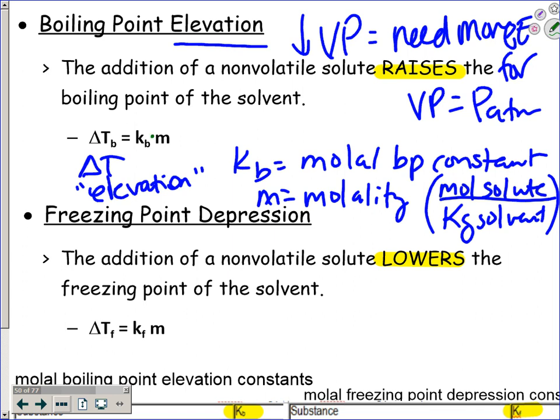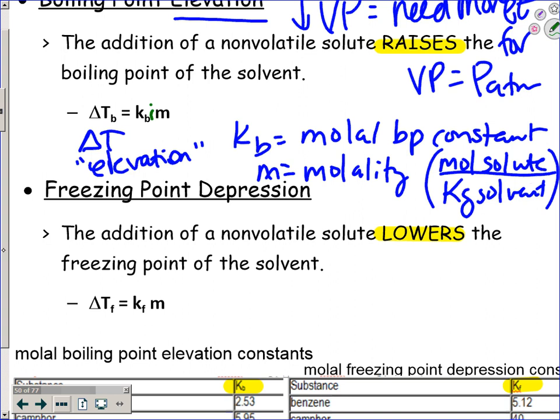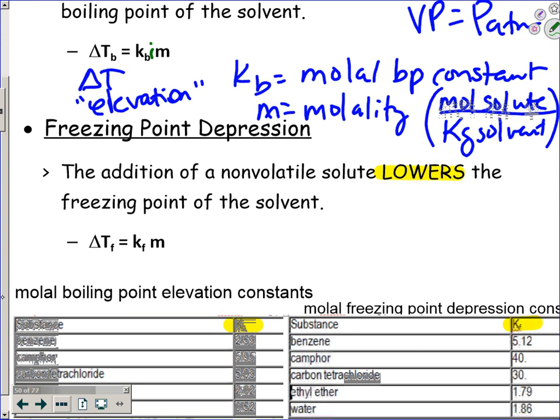So a lot of times we call this delta T is equal to Kim, because K is the molal freezing point, or molal boiling point constant. i is the Van 't Hoff factor, which is on the next slide, so hold up. And then molality is molality. So the same equation is used for both boiling point changes and freezing point changes. The only main difference is we're using a different constant.